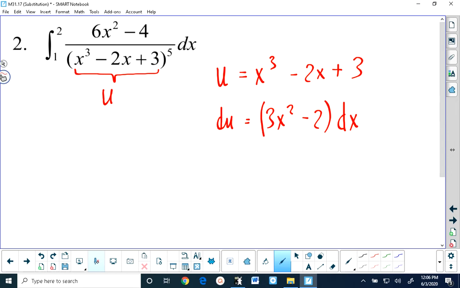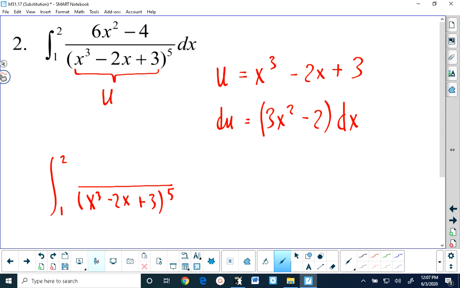So we are already going to be replacing the part on the bottom with u to the 5, because we have x cubed minus 2x plus 3 raised to the 5, but x cubed minus 2x plus 3 is u. So the bottom is going to become u to the 5. What we have to worry about now is the top.